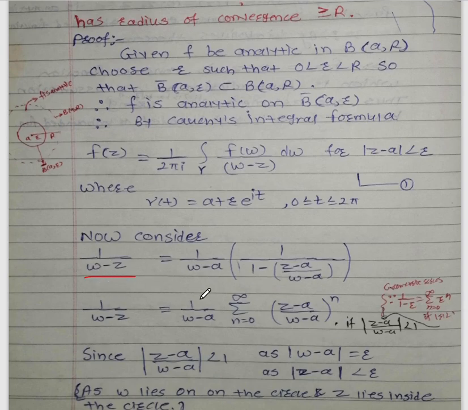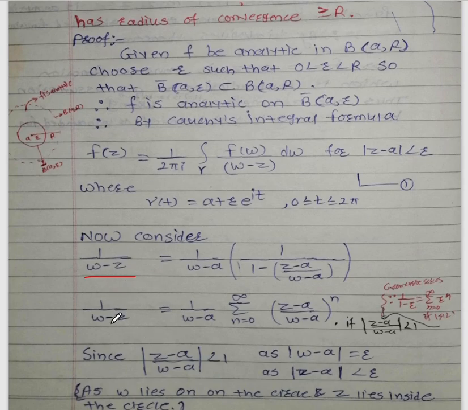Here we have written 1 upon w minus z as it is, only in another form.